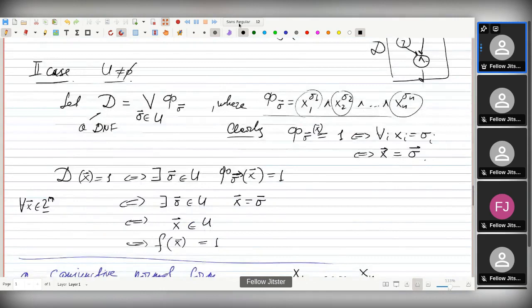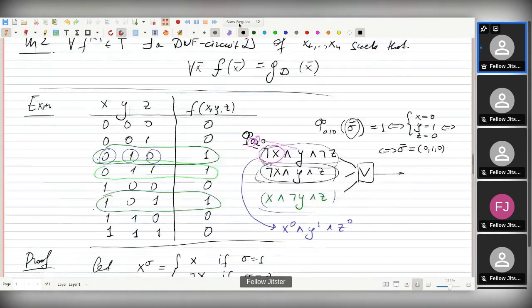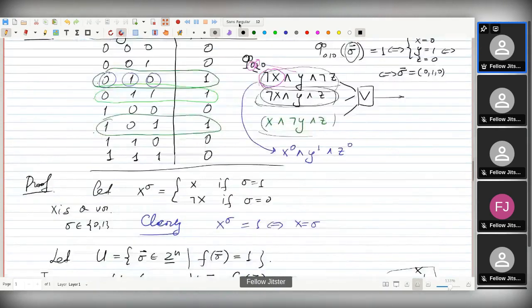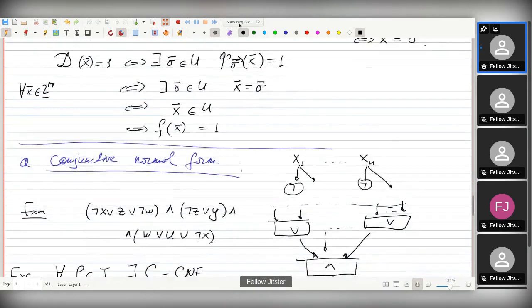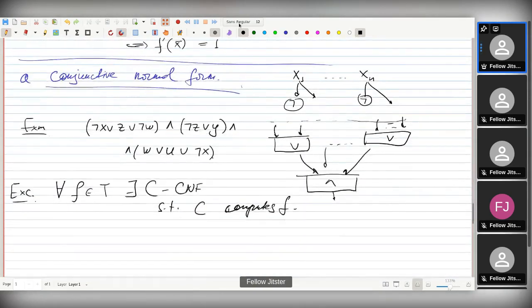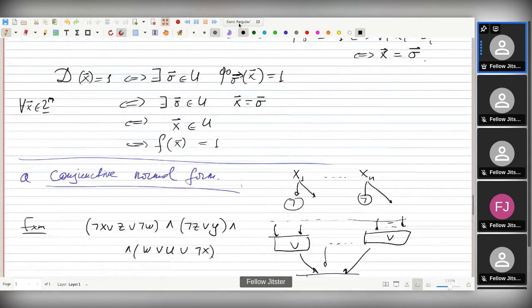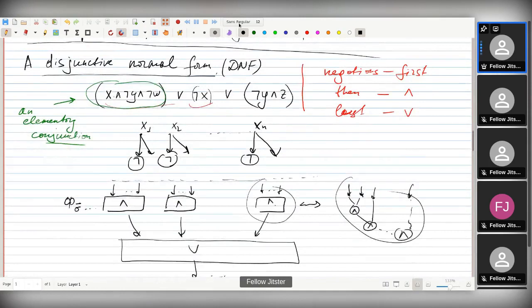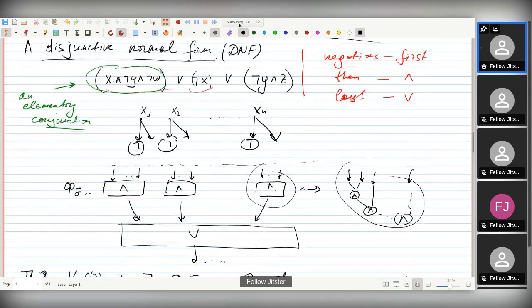So every Boolean function is expressible in terms of a DNF or a CNF. But anyway, look, a DNF is a circuit over the basis of negation, conjunction, and disjunction.